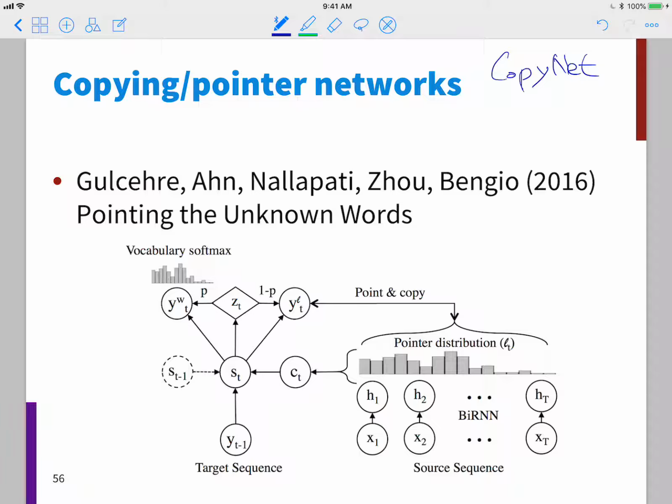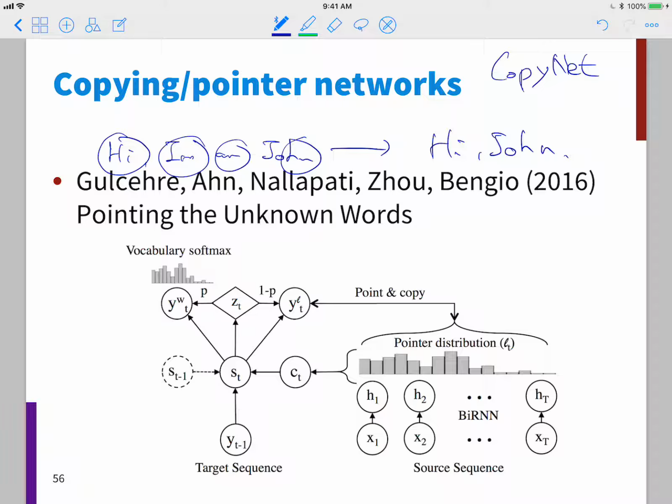Like in the case of chatbots or question answering scenarios, maybe the input is "hi, I am John," and given this input sequence, suppose we want the output to be "hi John." Suppose John is a unique person name that we didn't see in our training examples. Then it will be considered an unknown token, because this word was not registered in our vocabulary.